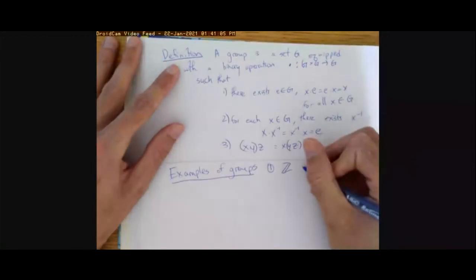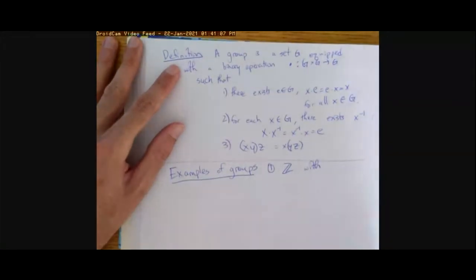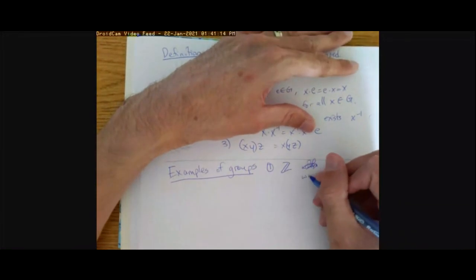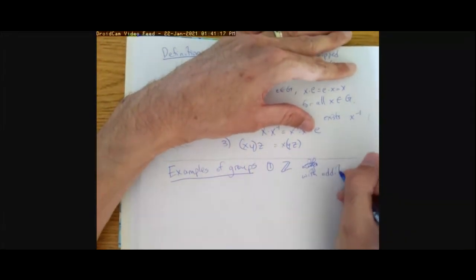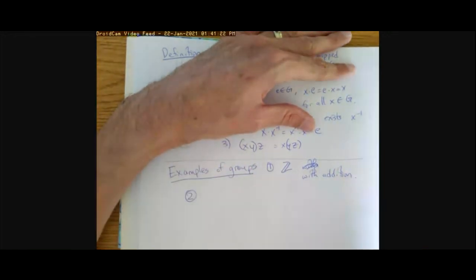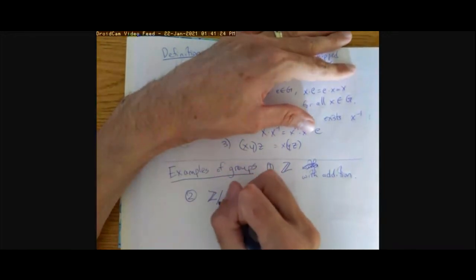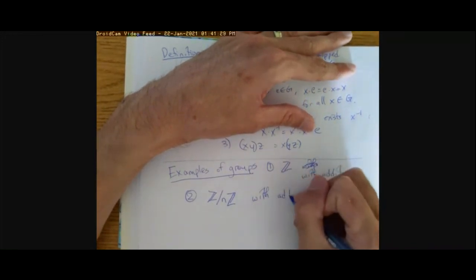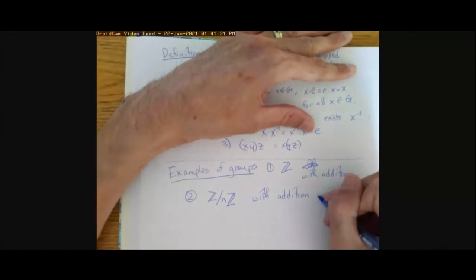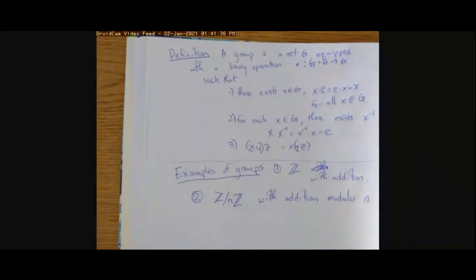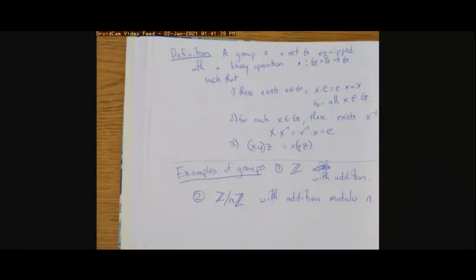One, the integers with the binary operation addition. Two, the integers mod n is another group under addition, where the addition is modulo n.